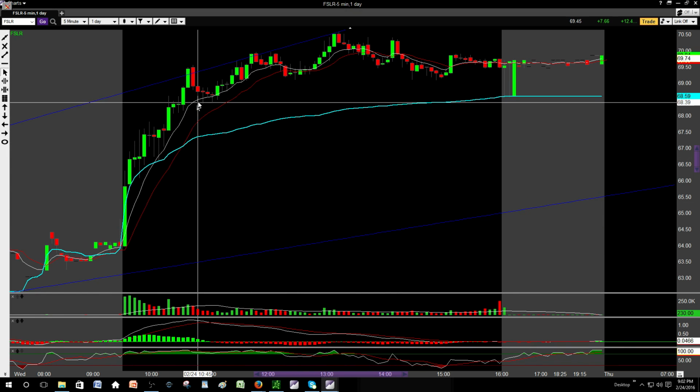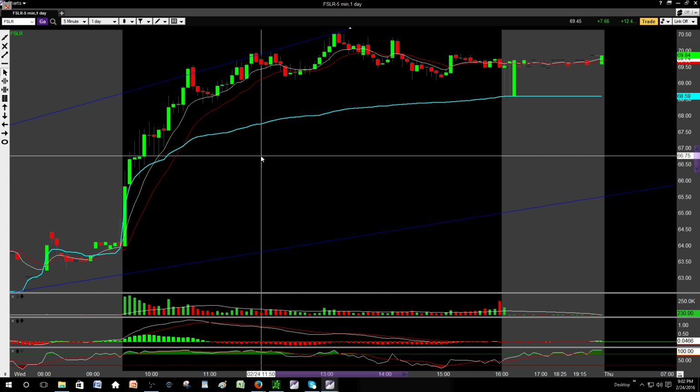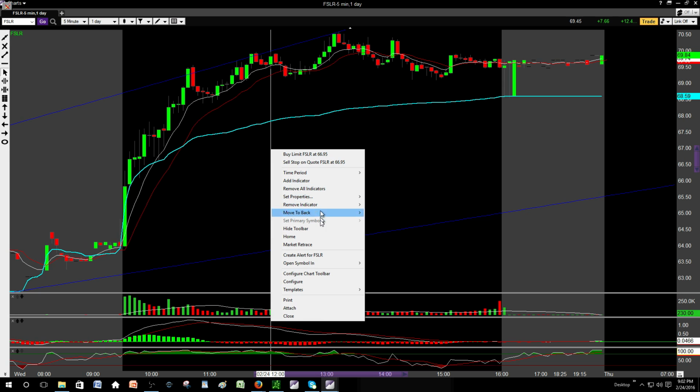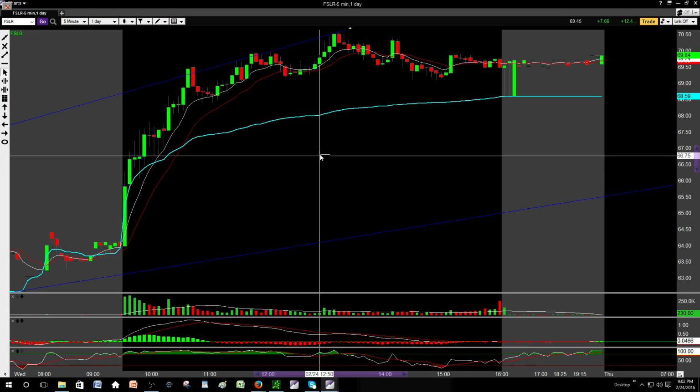I use my 8 and my 13 and VWAP, and on my side chart I also use the 50 and the 200, so that I can see a bigger move on a bigger scale.